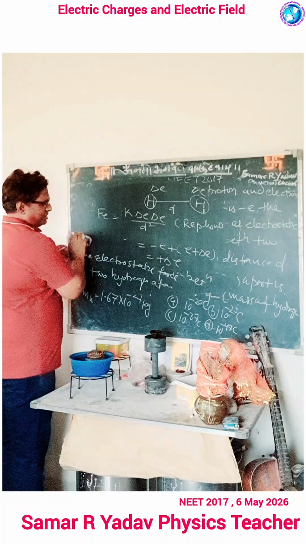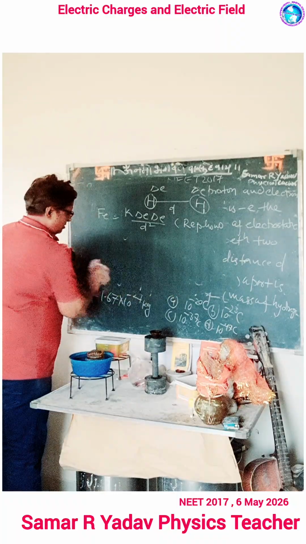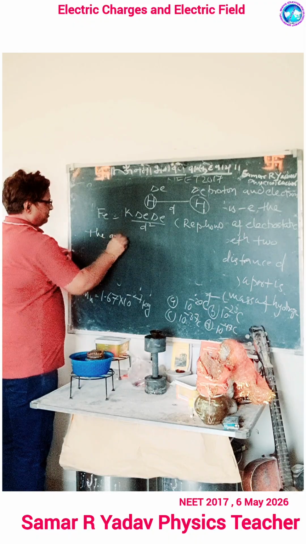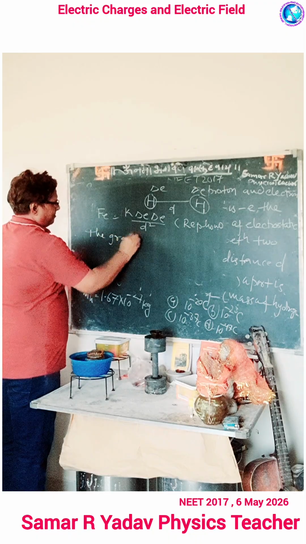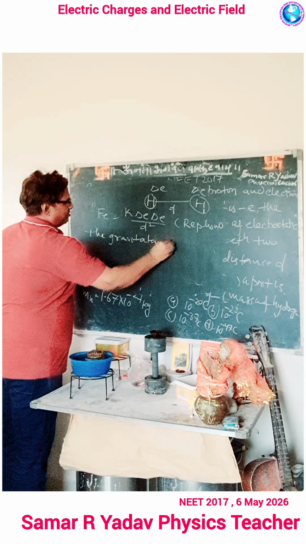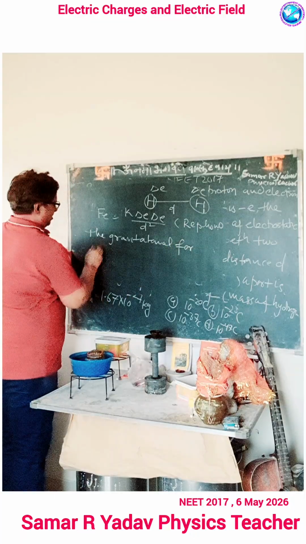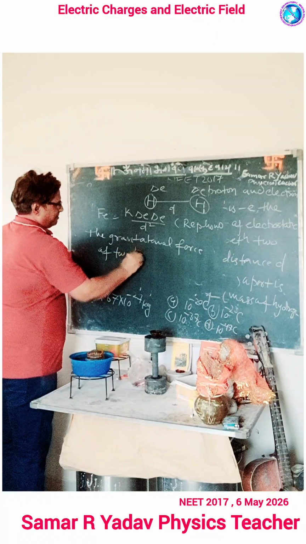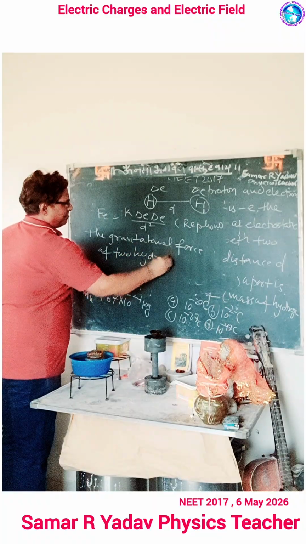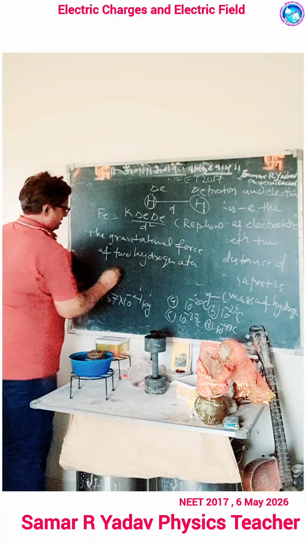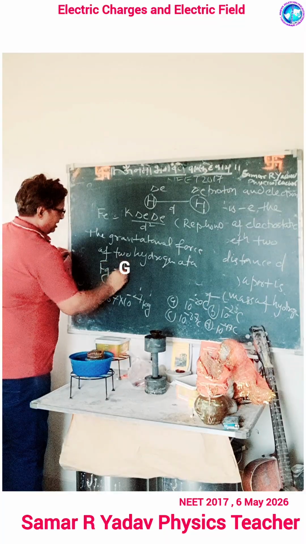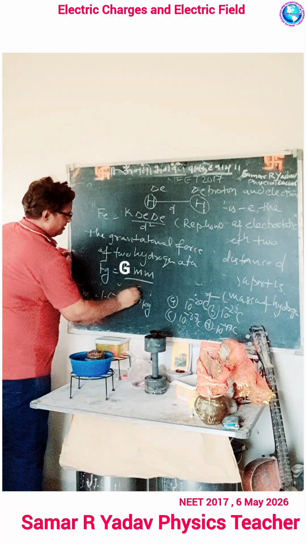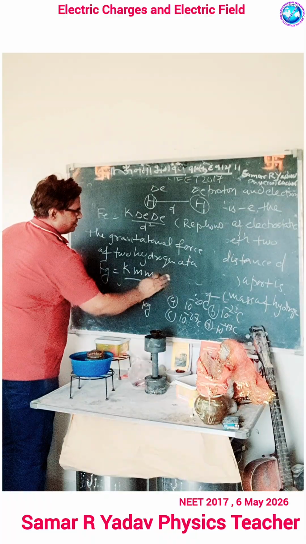Now the gravitational force acting between both the hydrogen atoms, that is Fg is equal to G into M square upon d square, that is an attractive force.